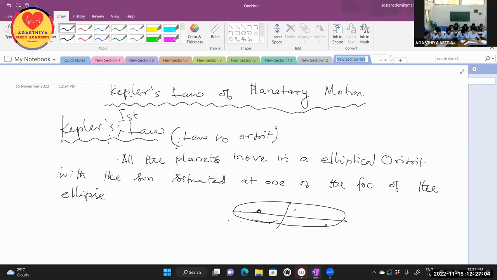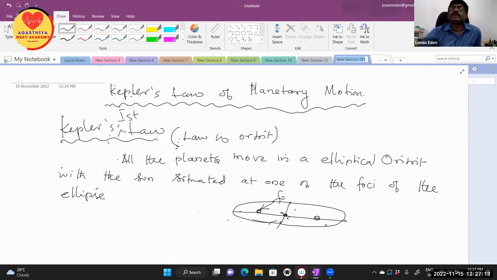There are 2 points at equal distance from the center. These points are called foci. The sun will be placed at any one of the foci. The planets are rotating in an elliptical orbit. This is the first law.